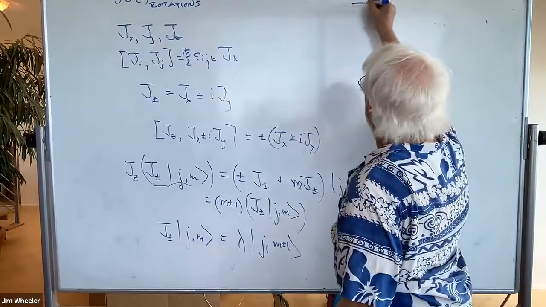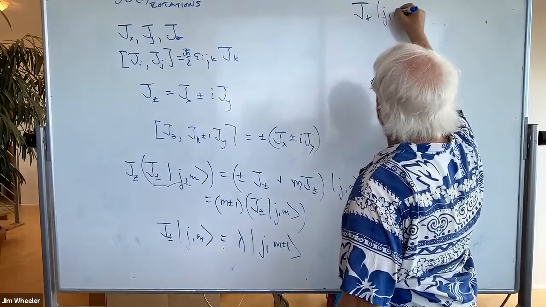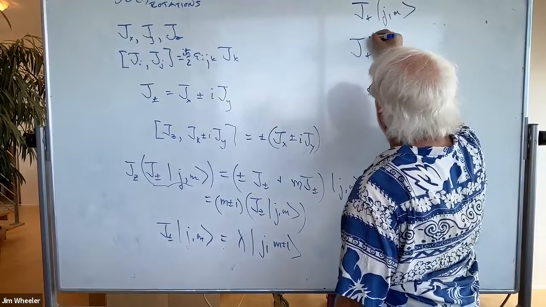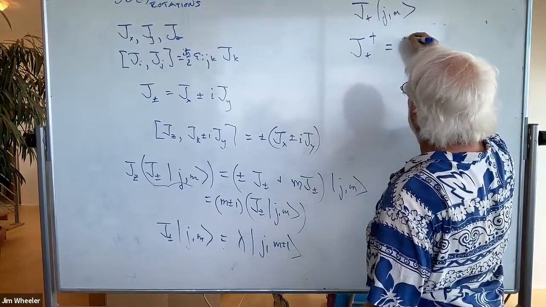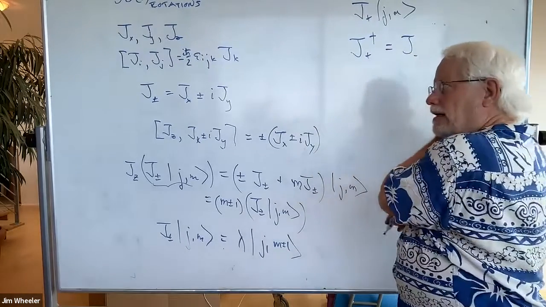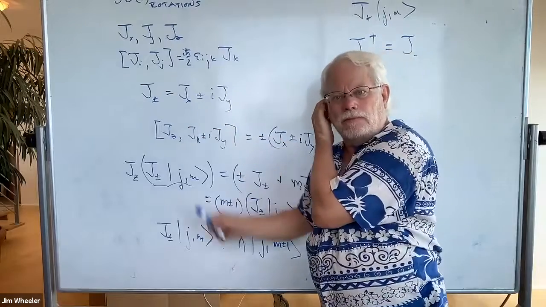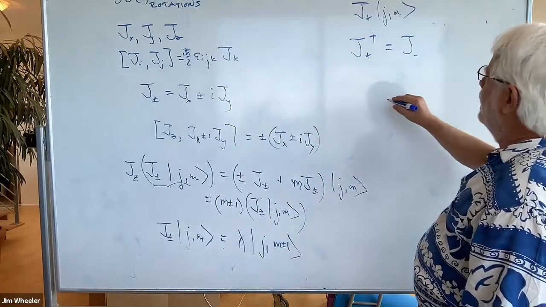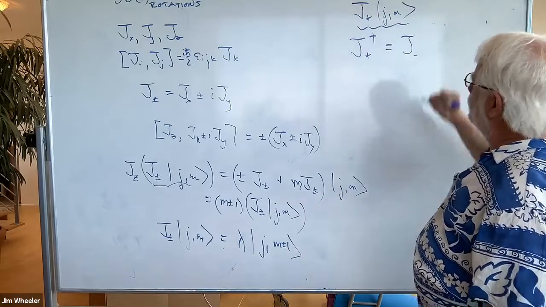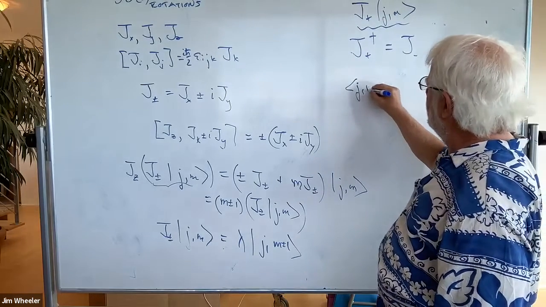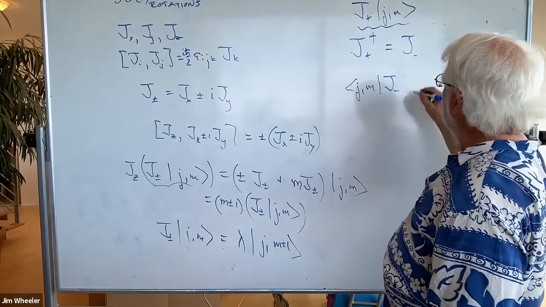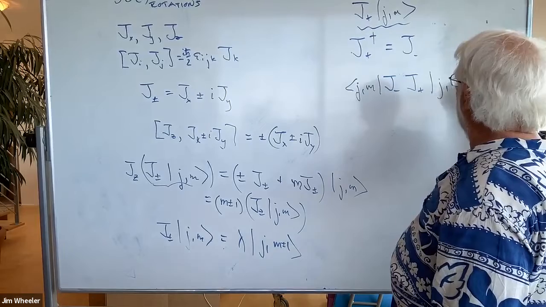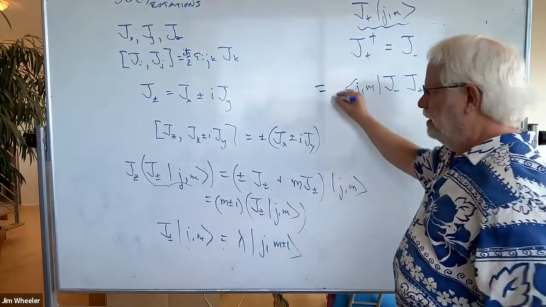So if I have J plus on Jm, it's easy to see that the dagger of J plus is J minus. Right, it just changes the sign. These guys are Hermitian. So if I take the dual of this state, it's Jm acted on by J minus, and then we have J plus acting. So if I want to find the norm of this state, right, that's right.